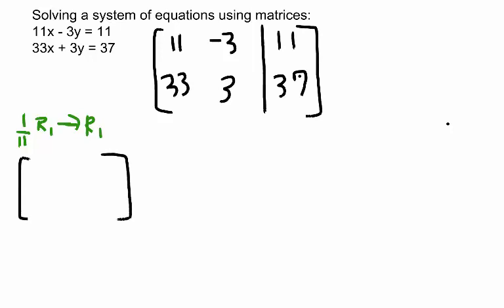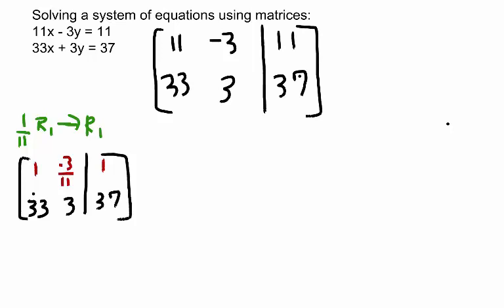So 1/11 times 11 equals 1. -3 times 1/11 equals -3/11. And 11/11 equals 1. And then we'll rewrite our values for the second equation, which we've applied no changes to yet.